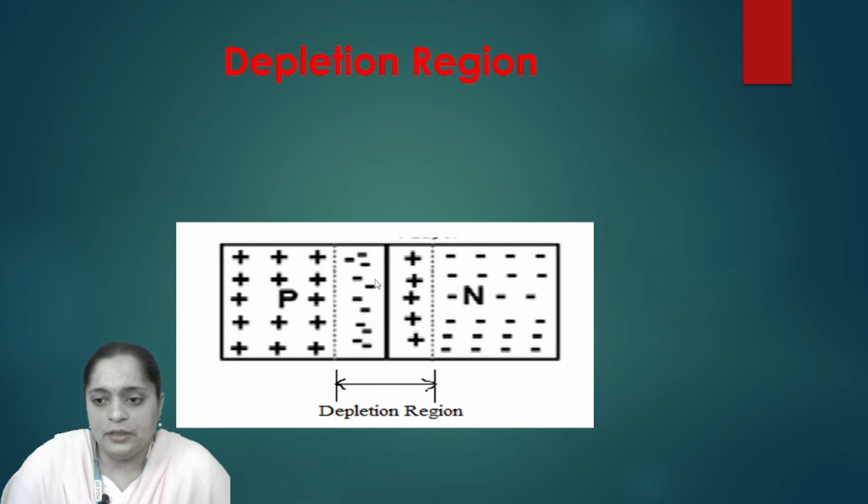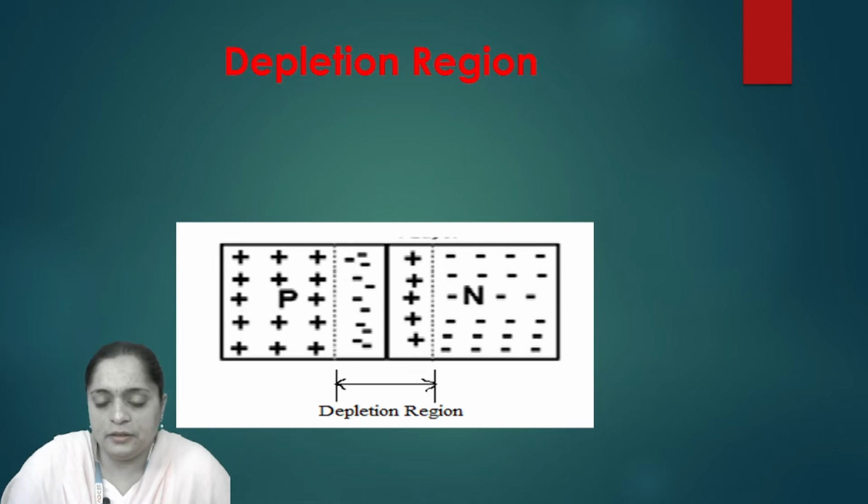The next point, the depletion region. Already we have seen the PN junction, and after that diffusion. Once diffusion has started, electrons move towards the p-type semiconductor material and holes get transferred toward the n-type semiconductor material. The next step is the formation of the depletion region.